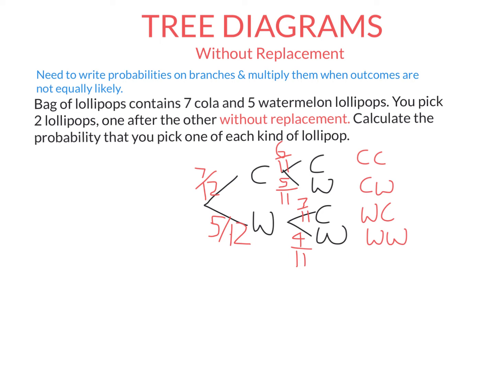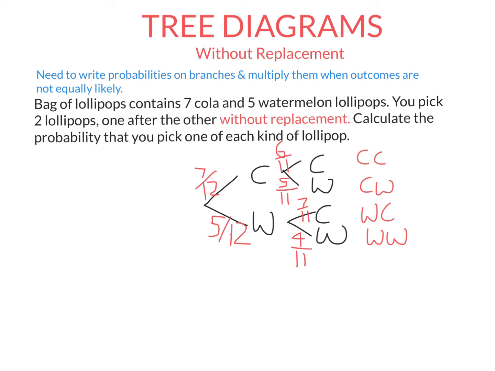So this tree diagram looks very similar to the tree diagram when we did this example with replacement. The only difference between with and without replacement are these numbers here have changed. When we did with replacement, it was 7 over 12, 5 over 12, 7 over 12, 5 over 12. But when it's without replacement, your probability of getting cola the second go is not the same as getting it the first go.